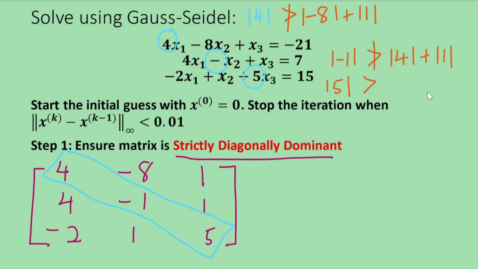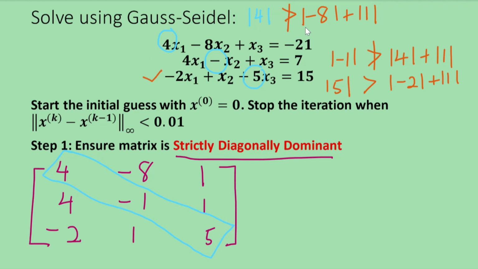And in the third row, 5 is greater than the magnitude of negative 2 plus the magnitude of 1, and we get here 3. And yes, 5 is greater than 3. So row 3 stays the same, but we need to rearrange row 1 and row 2.